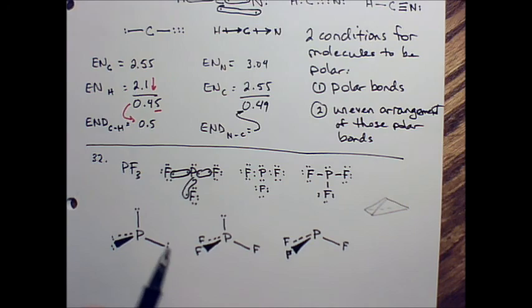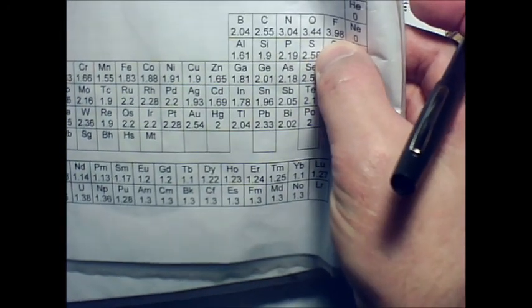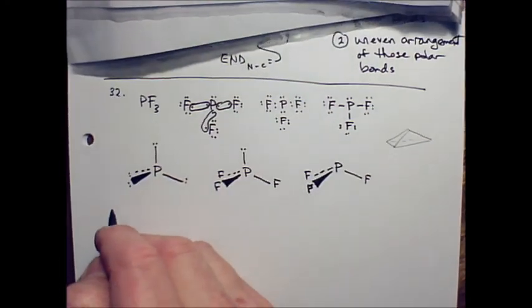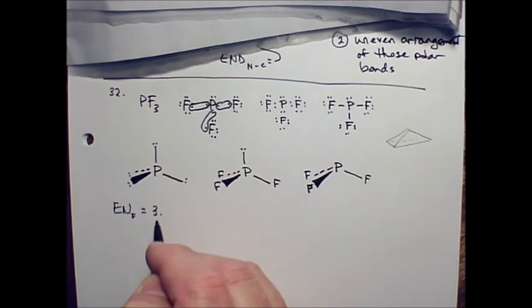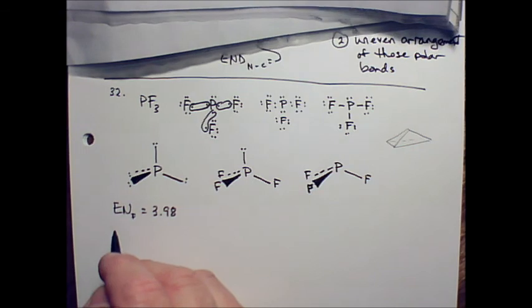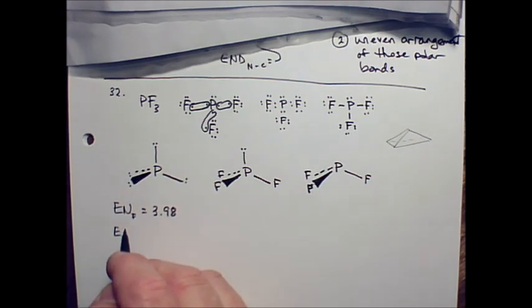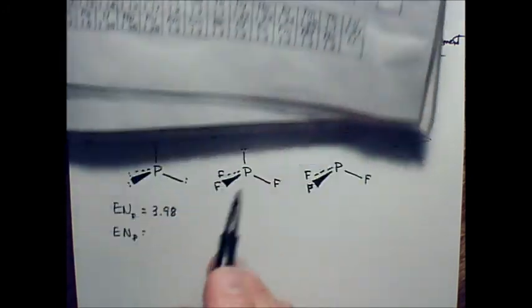So for that, we have to figure out the electronegativity difference. Fluorine has an electronegativity of 3.89. Electronegativity for fluorine, I'm sorry, I said 3.89, it's 3.98. And then the electronegativity for phosphorus is 2.19.